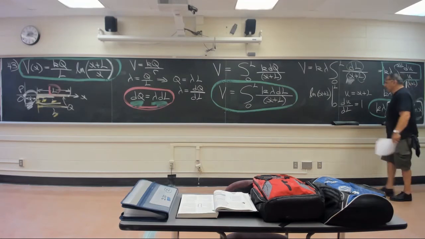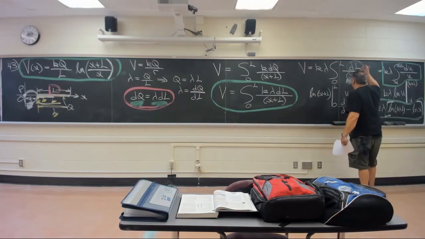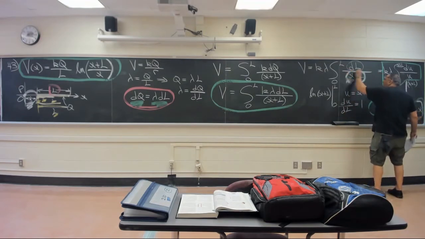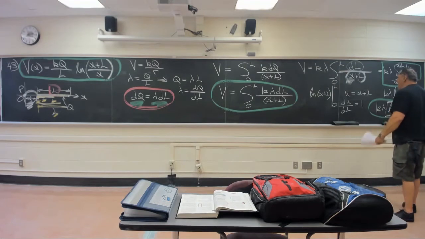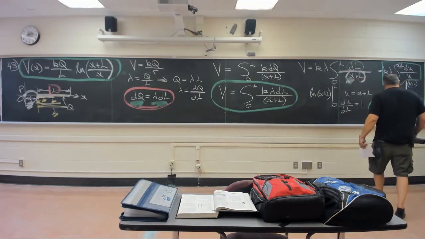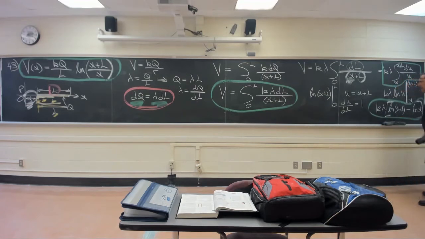It's the same thing, guys. You might want to jump the gun and just get to here. This is a pretty easy one to do, looking at where the antiderivatives are.